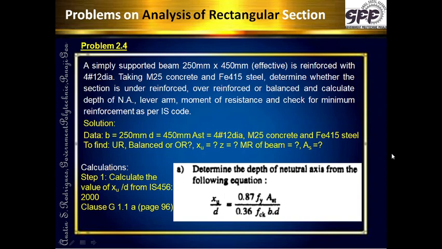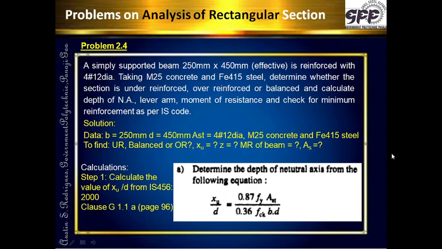We have been asked to find out the depth of the actual neutral axis, XU, how much. We have been asked to find out the lever arm, that is Z, and the moment of resistance of the beam because of all this, and finally whether it is satisfying the codal provision of minimum AST, that is AS. As per the code it is AS.